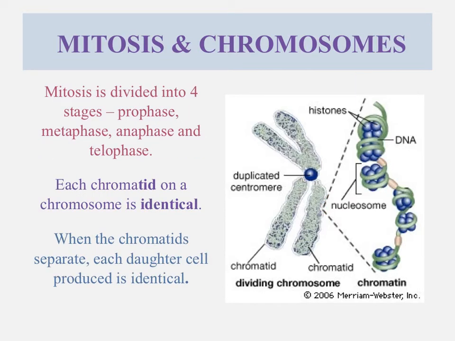Now, before we get onto the stages of mitosis, it's really, really important that you guys recognise that each chromatid is identical. So if we say that we've got one arm of a chromosome here, and we've got the second chromosome there, these might all be chromosome 2 from your mum and chromosome 2 from your dad.